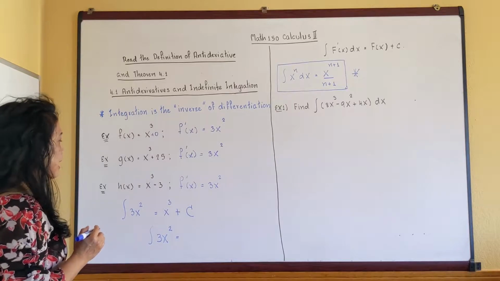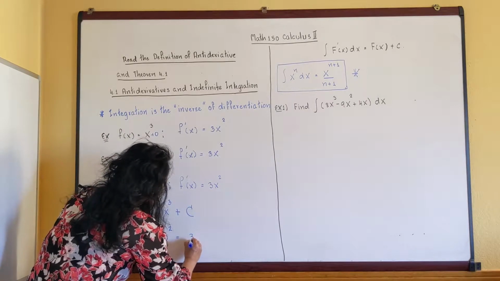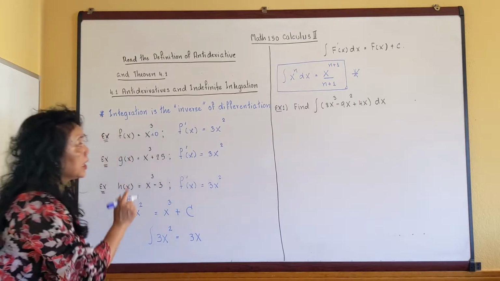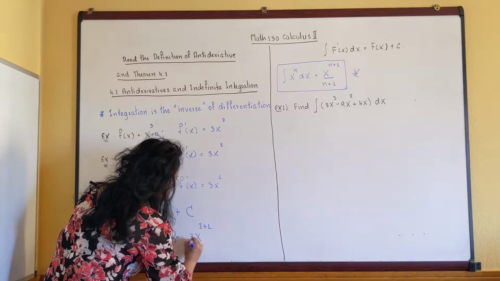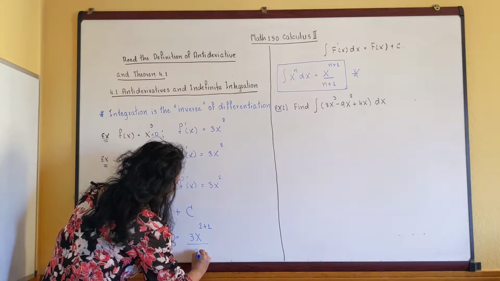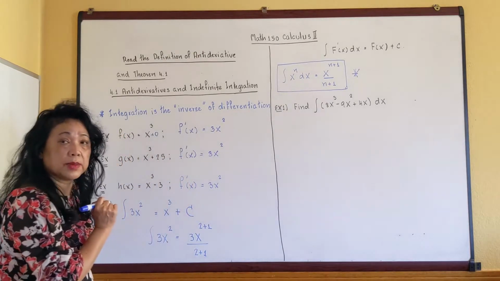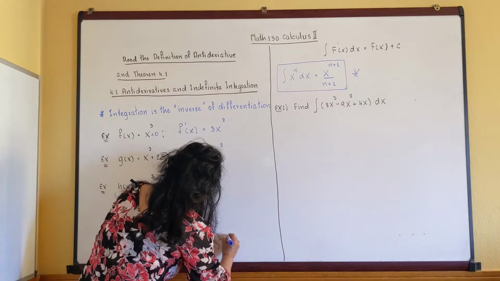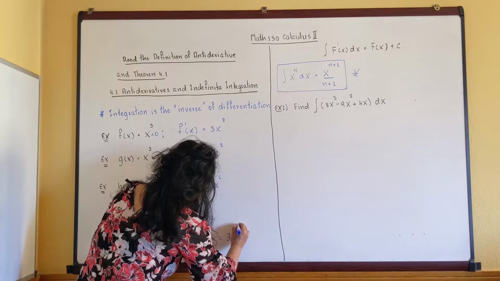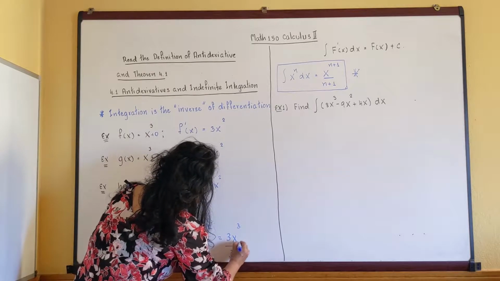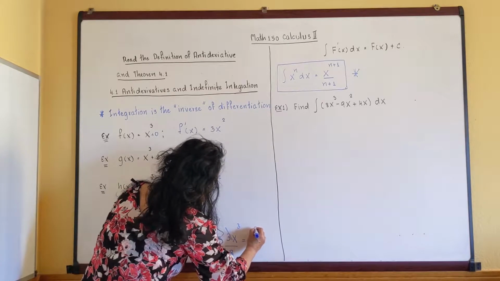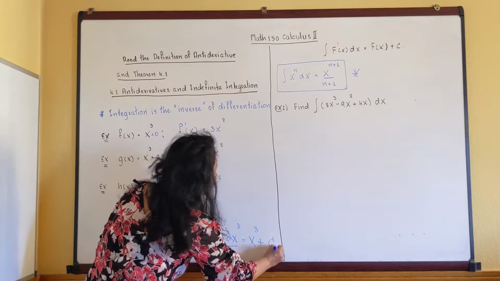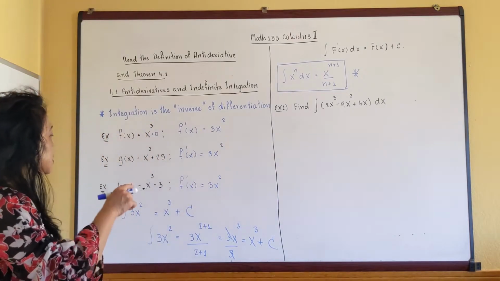I have 2 here, I'm going to add 1 to it. So I'm going to have 3x to the 2 plus 1 over 2 plus 1 as the formula mentioned. So I'm going to have 3x to the cube over 3, the 3 can cancel, which is x to the cube, plus C. You have to add C.